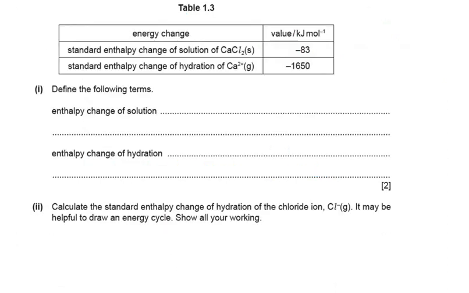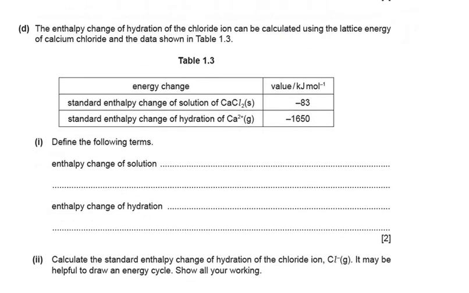Let's go ahead with the next part, where again it says that the enthalpy change of hydration of chloride ions can be calculated using the lattice energy of calcium chloride and the data shown in table 1.3.